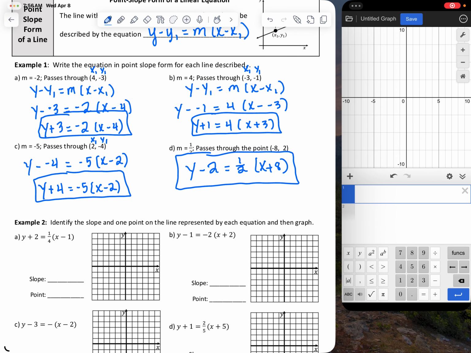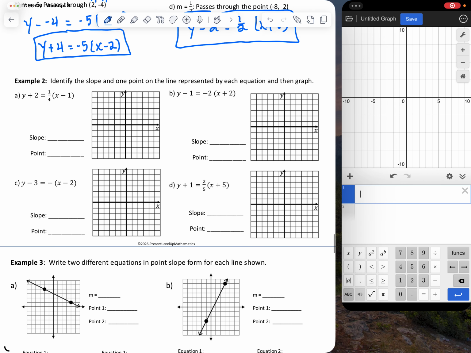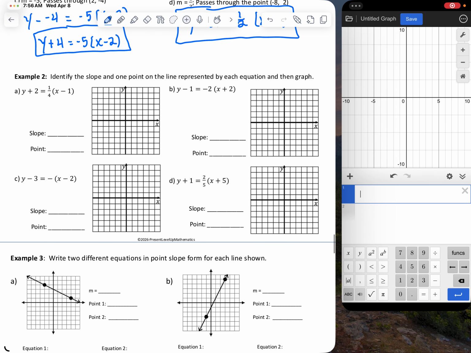Now, we can also graph a line that's written in point-slope form, because from point-slope form, it's easy to identify the slope and one point on the line. So let's look at example 2a. We have the equation y plus 2 is equal to 1/4 times the quantity x minus 1.